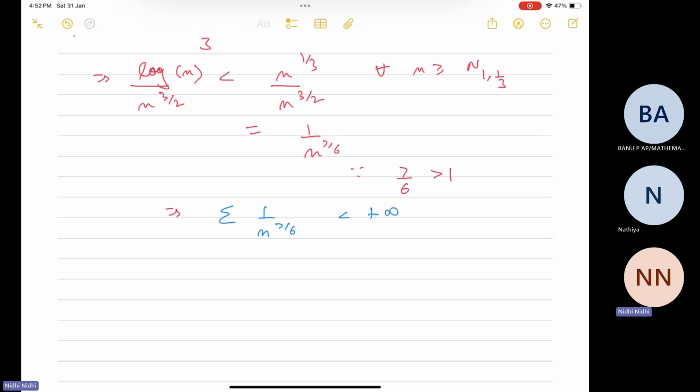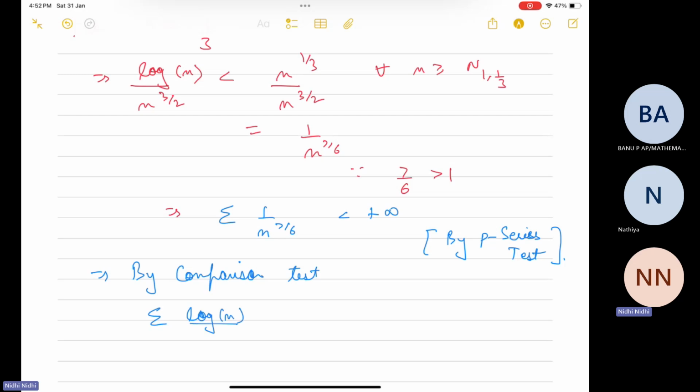That happens by p series test, and hence by comparison test, summation log n upon n to the power 3 by 2 will be convergent.